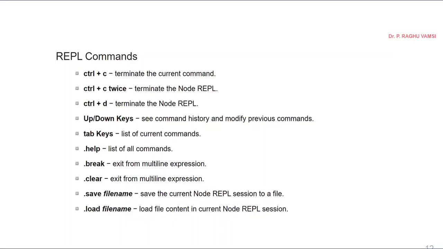For example, as I'm typing events, it is shown in a shaded, masked way. If you want to get that particular value, you should press tab, and automatically the current command will be completed. Dot help lists all the commands. Dot break exits from a multi-line expression. Dot clear also exits from a multi-line expression, and there are commands for saving and loading files. So these are the various commands used in the REPL.